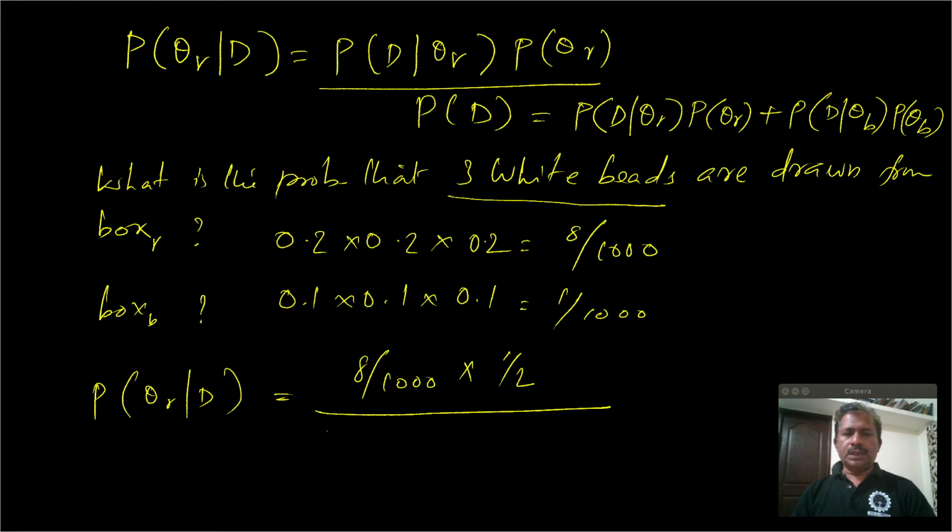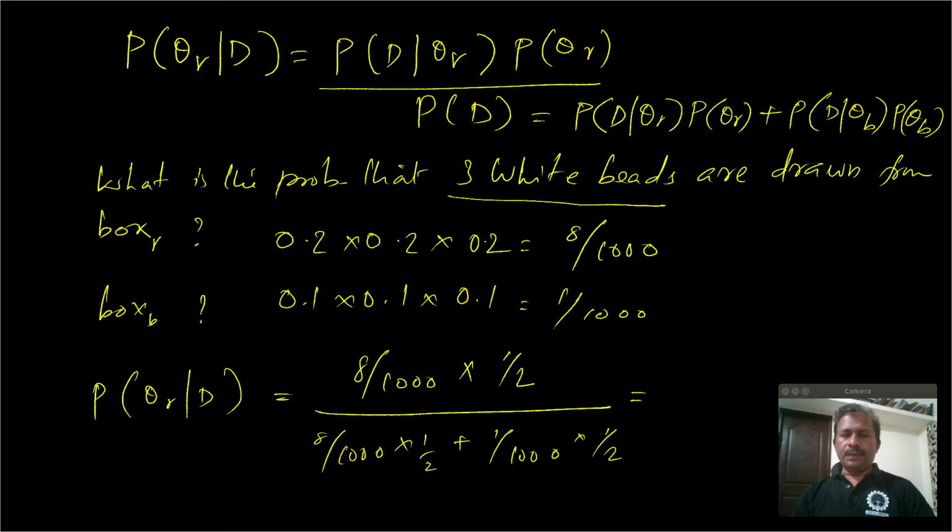So what is this? This is again 8 divided by 1000 multiplied by half, plus 1 divided by 1000 multiplied by half, right?